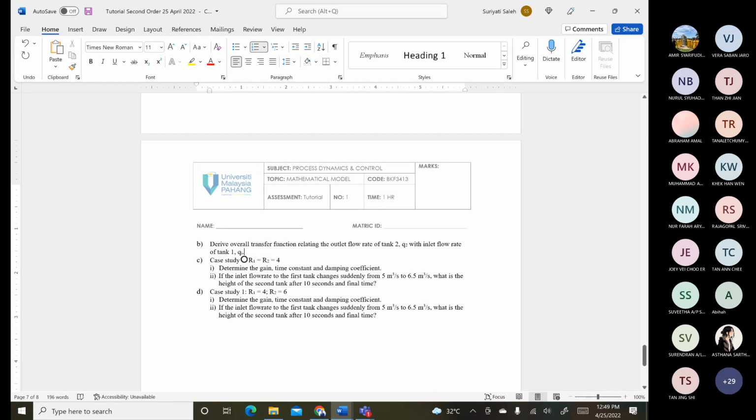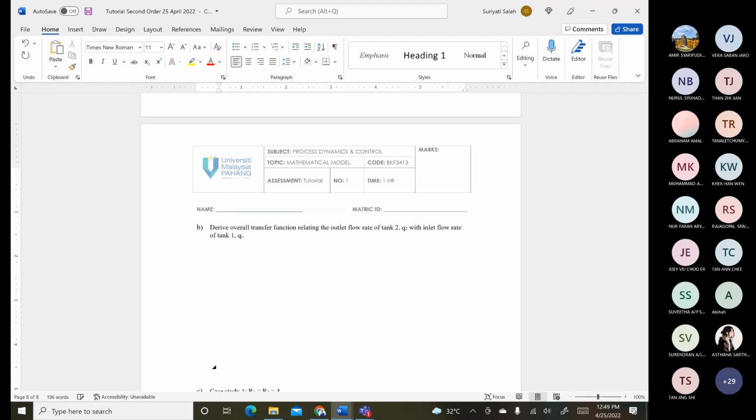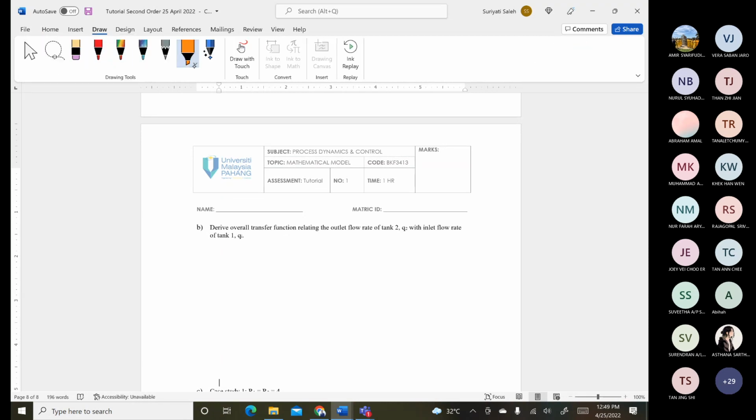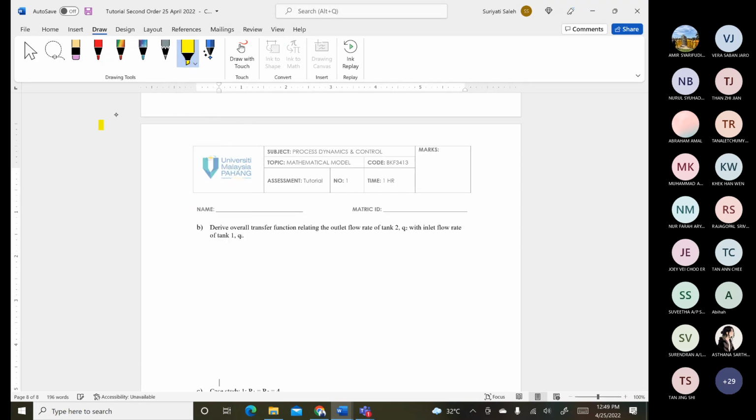So the B, derive overall transfer function relating to the outlet flow rate.